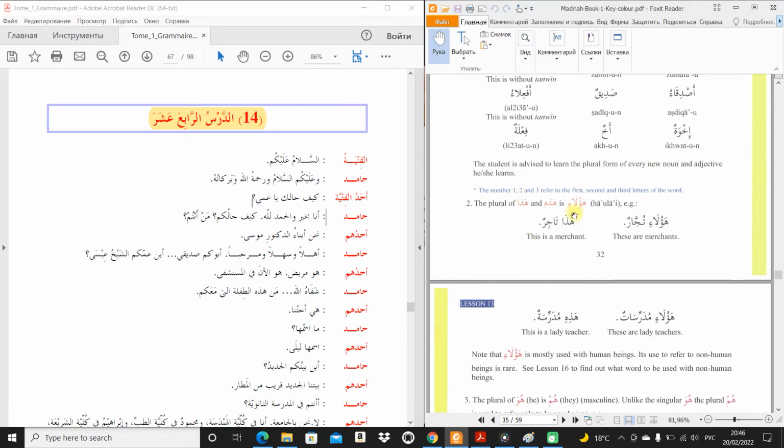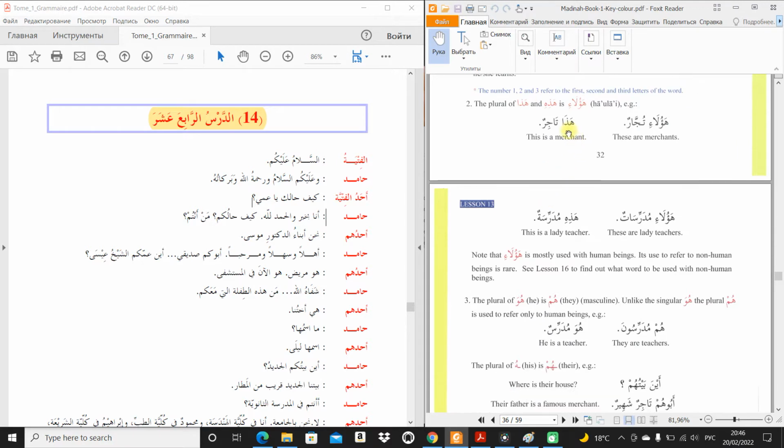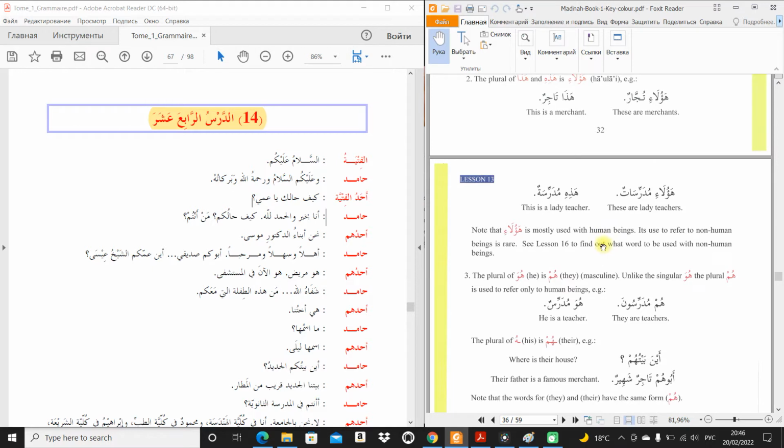The second note was about ha'ula'i, which means they, and is used for both masculine and feminine. But it's used only with human beings. If it's not a human being, then we'll see in the 16th lesson what we use instead of it.